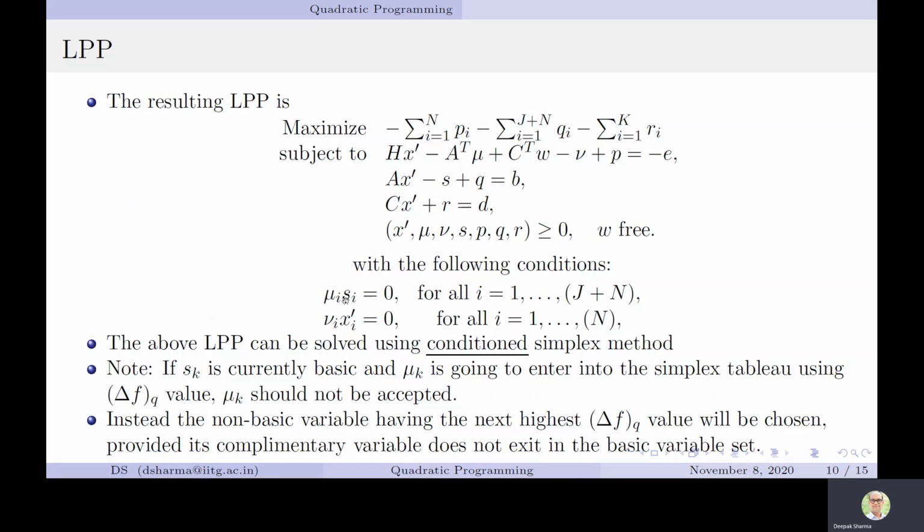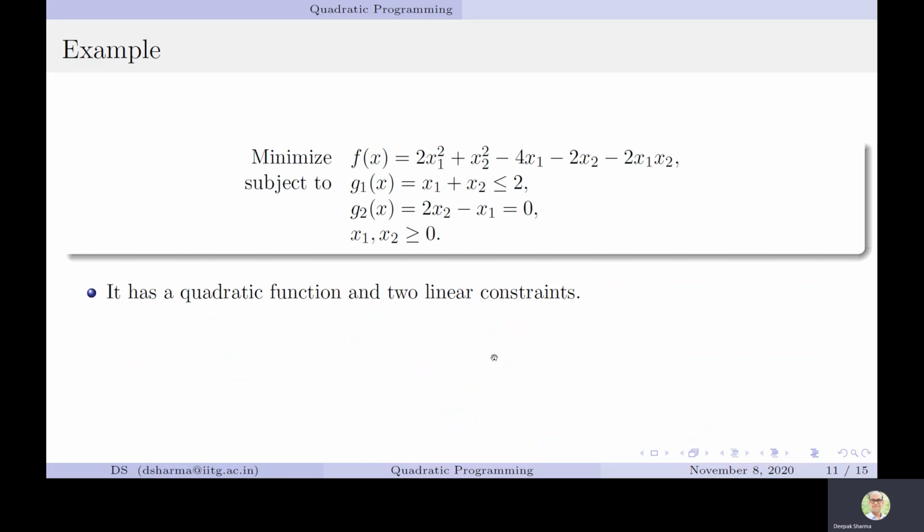Either mu i or si can become basic, so the other should be non-basic. Similarly, one of mu i or xi prime should be basic and the other non-basic, so that these two conditions remain satisfied. That is the simple rule we have to follow while choosing a non-basic variable that is going to enter the table, and that's why this simplex method is called the conditioned simplex method.